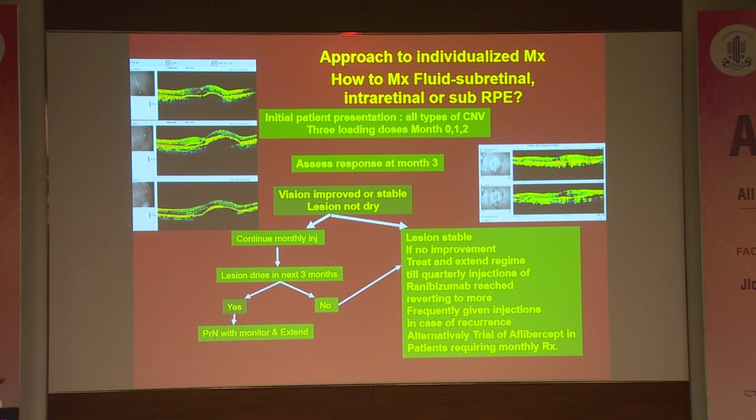That means absolutely stable. This is the situation where you can now put the patient on a treat and extend regime and see how much you can extend. Can you extend to 6 weeks, 8 weeks, 10 weeks or 12 weeks? If you are on ranibizumab, you generally won't go beyond 12 weeks. If you are with aflibercept, you could try up to 16 weeks.